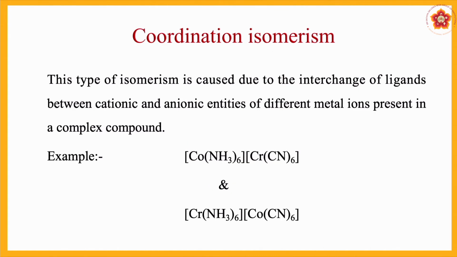The second type of isomerism is coordination isomerism. In the first example, amine is attached to cobalt and cyanide is attached to chromium, whereas with the same molecular formula, in the other amine is attached to chromium and CN minus is attached to cobalt.